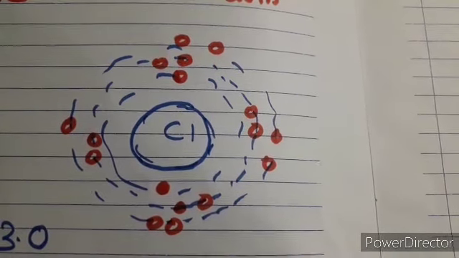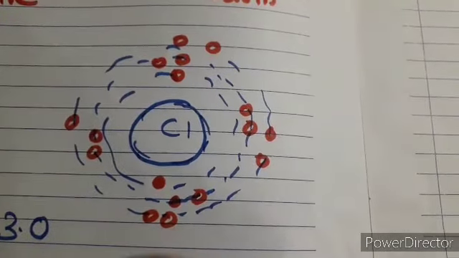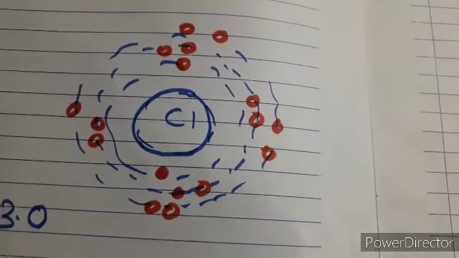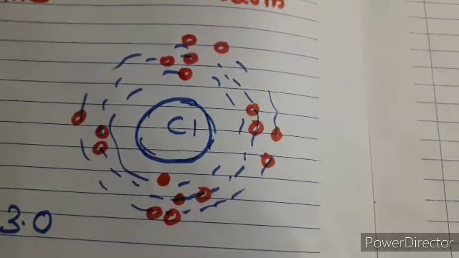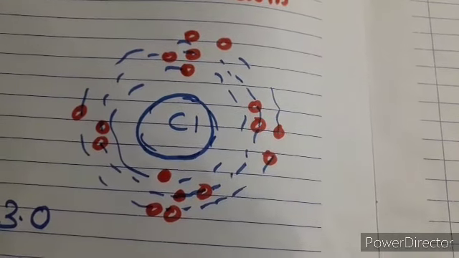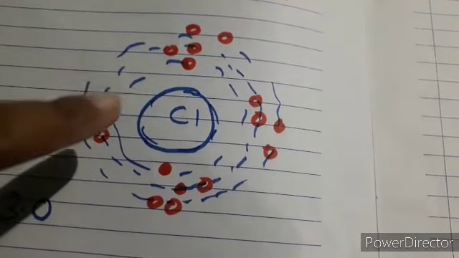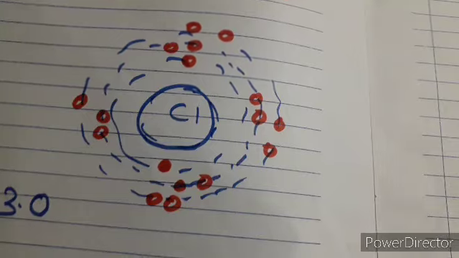Once again, just focus on the structure of the atom of Cl. This atom of Cl has more nuclear charge in comparison to the other atoms next to it. And this chlorine has the tendency to accept electrons. Why?